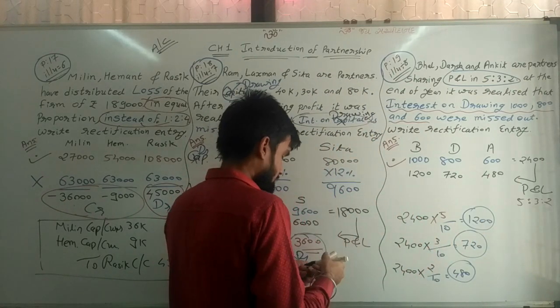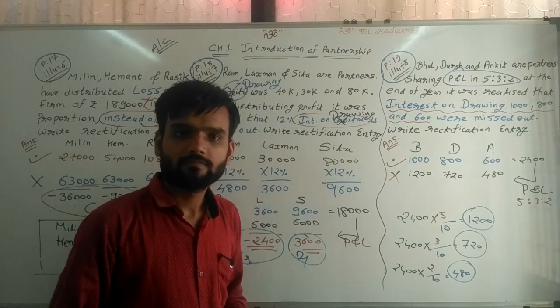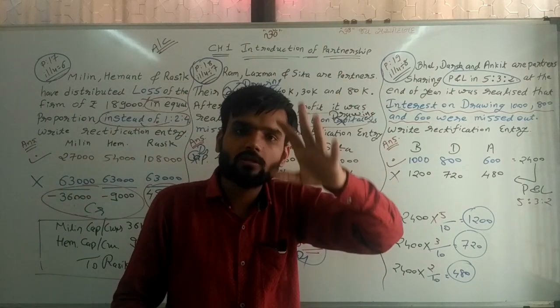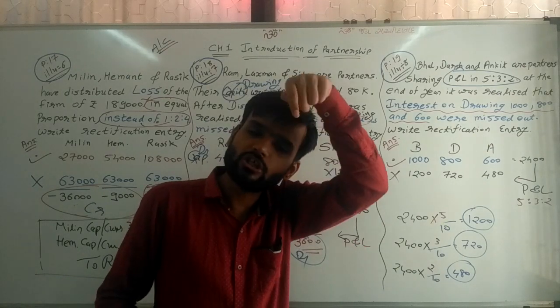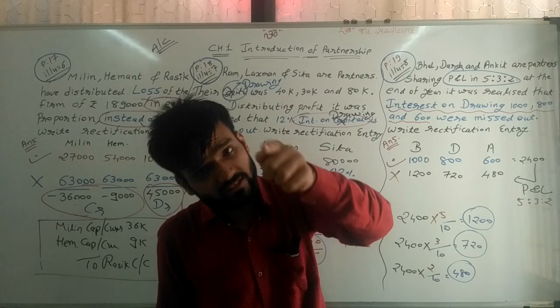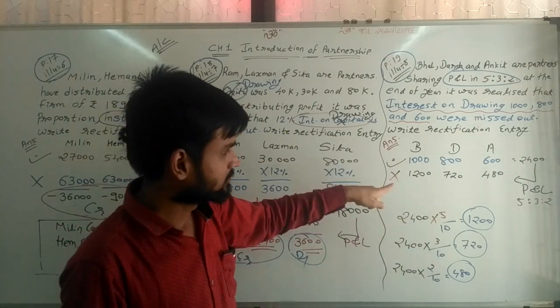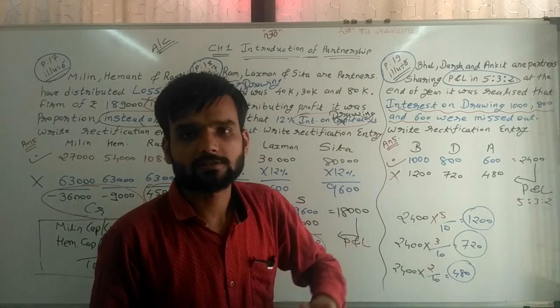This is the wrong calculation, because we have distributed profit without calculating interest on drawing. So first of all we need to calculate interest on drawing, then after giving effect of that, we can distribute profit to the partners.